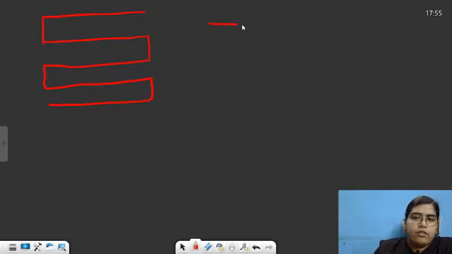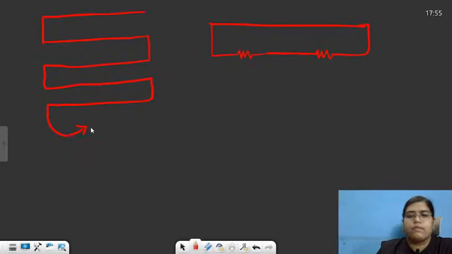When we draw it theoretically, we just draw a simple plain wire, and along with this wire you have two resistors which are connected, and along with this you have a stylus. A stylus is basically like a metal-shaped thing, like an electrode, not exactly an electrode, it is basically like this pen from which I am writing.